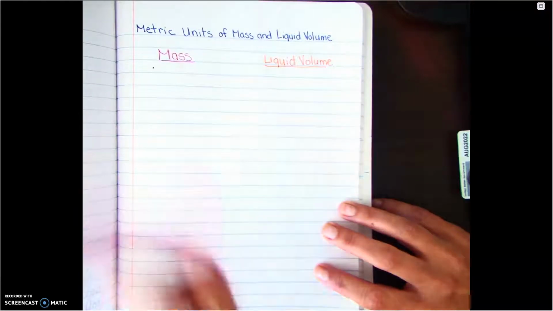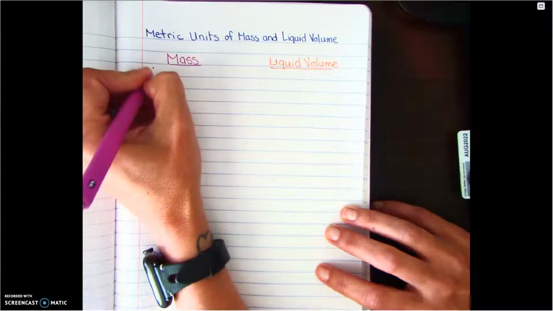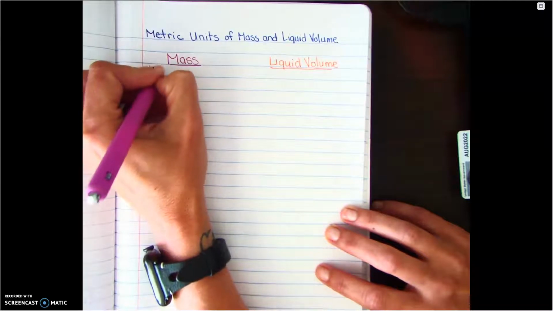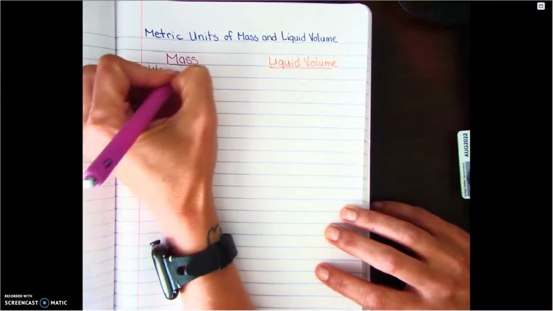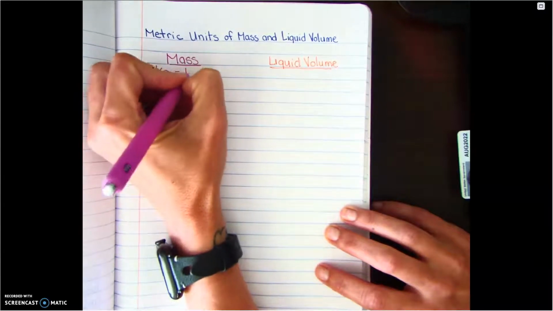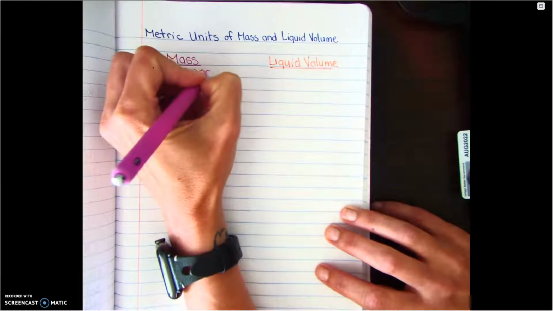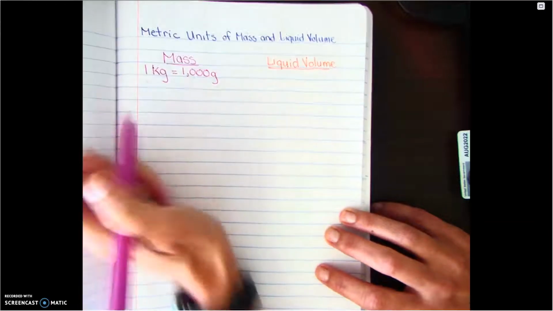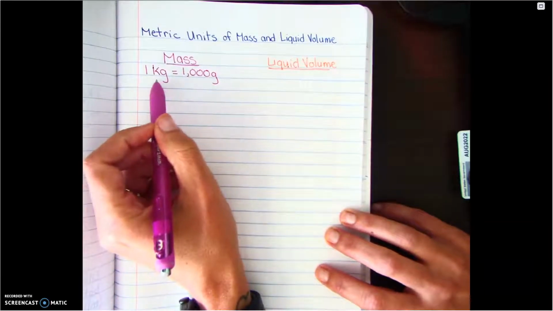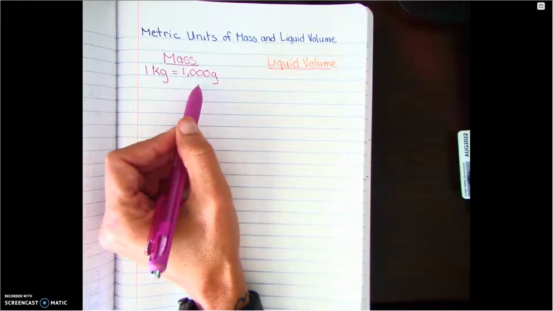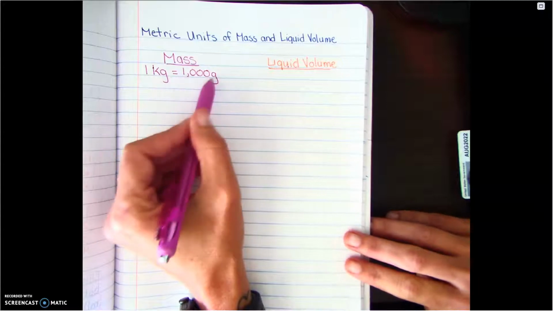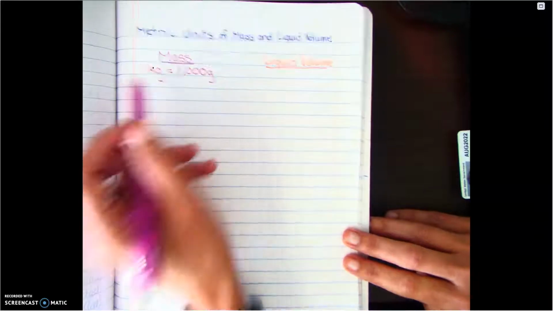All right, so for mass, we have 1 kilogram, and remember the kilogram is heavier, is equal to 1,000 grams. That means that for every 1 of the kilograms, we have 1,000 grams. So that means we need 1,000 just to equal that 1.